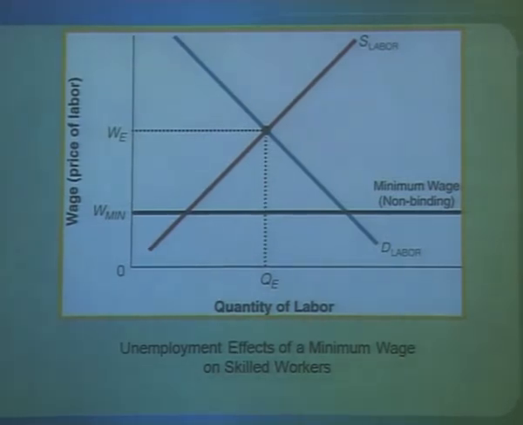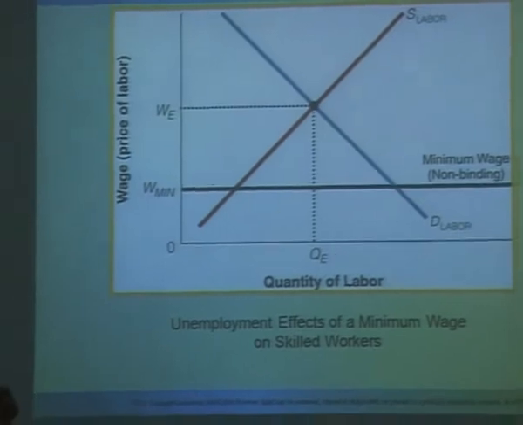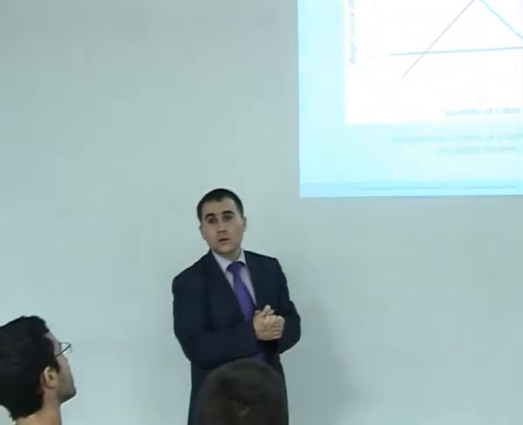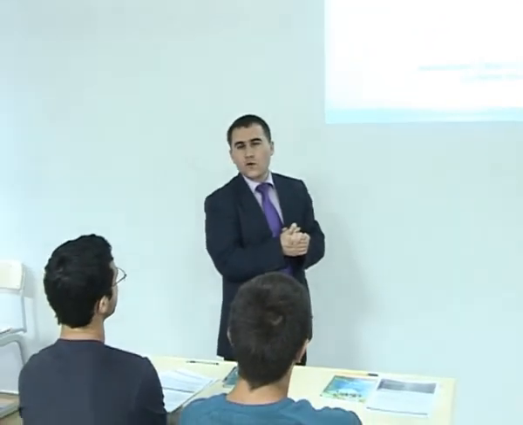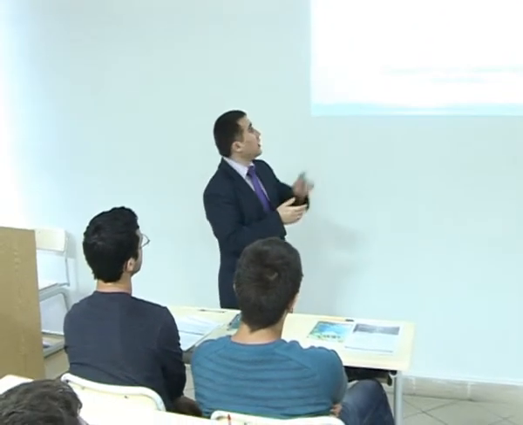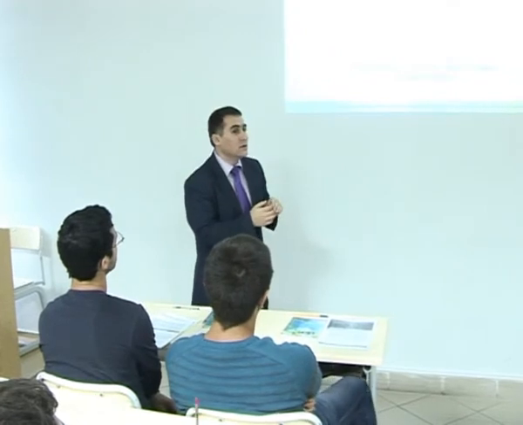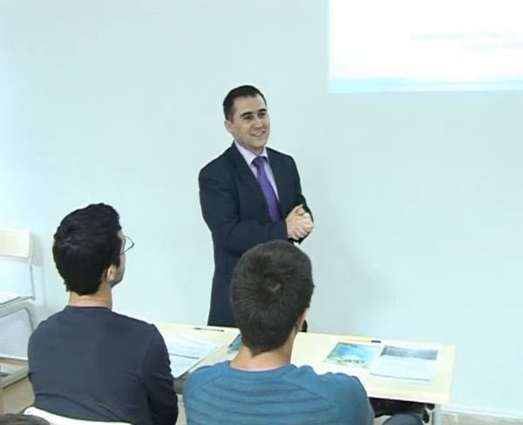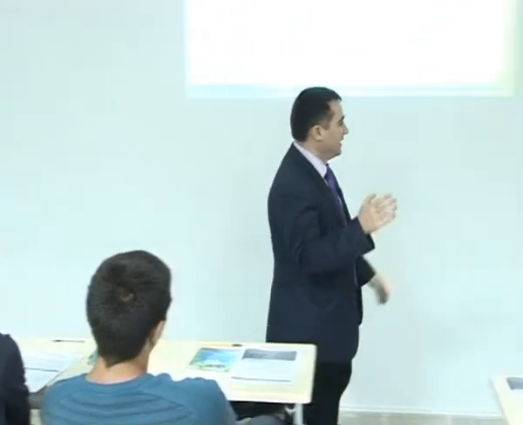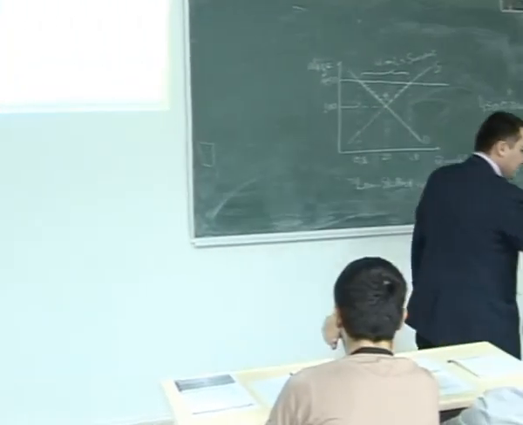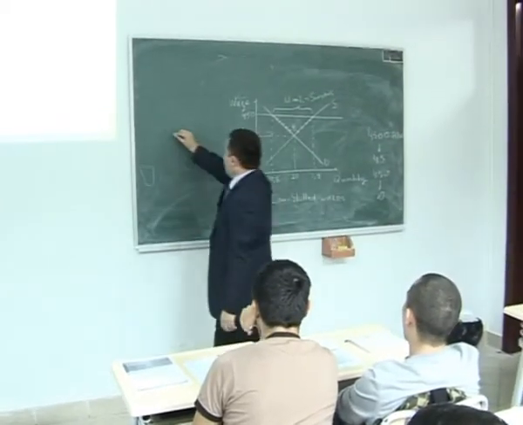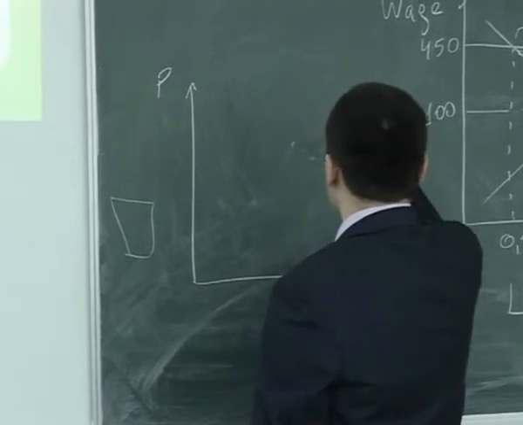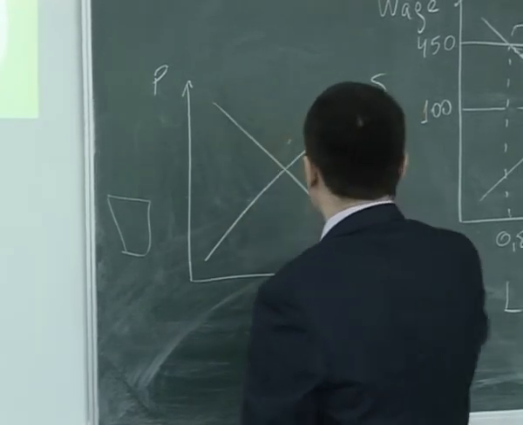And for your market, let's say that W sub E equals, for well-educated people, come on, don't sell yourself for that cheap an amount.